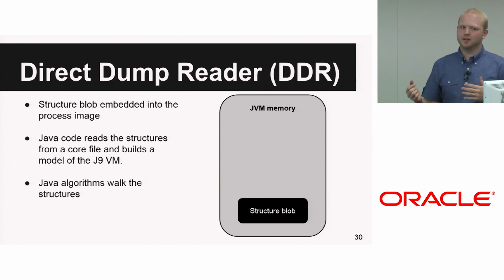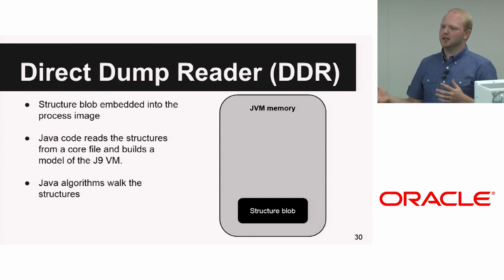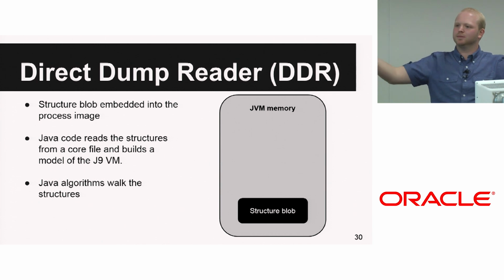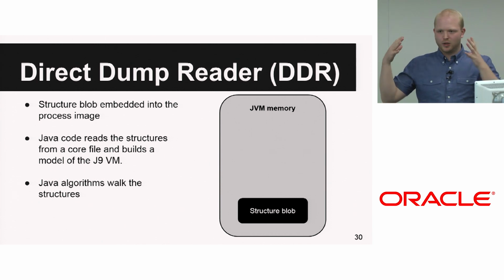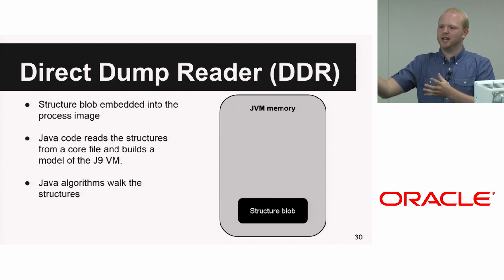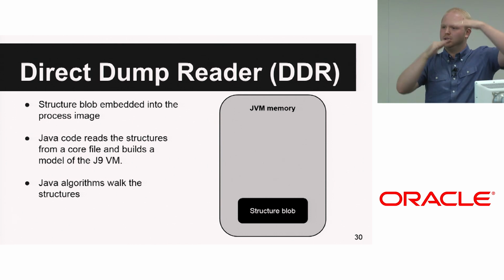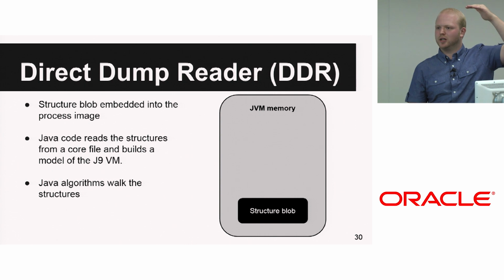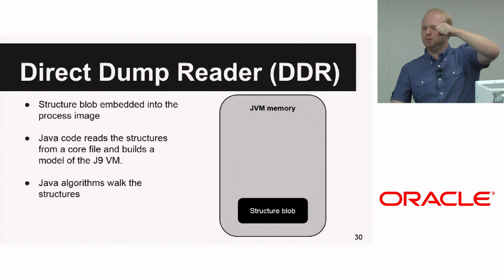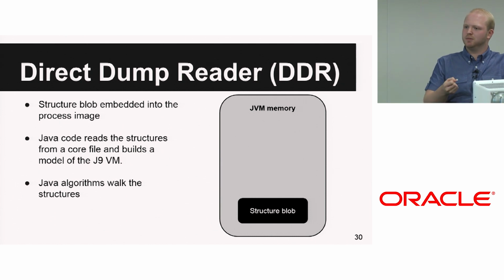We can make a lot of assumptions that wouldn't apply to the whole space of all code that we would like to be able to interoperate with. So we have code that knows how to read those headers and has sufficient knowledge about the JVM to turn that into some structure information. When we start a JVM, we take that structure information and load it into our process image.